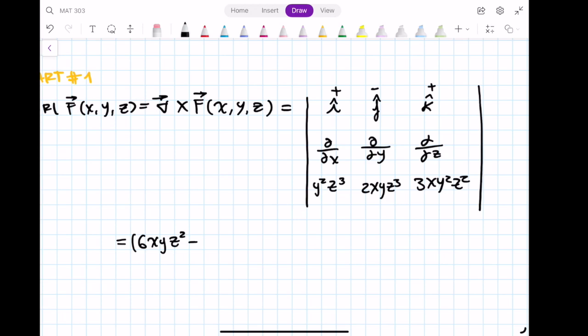So the first one, I got it from this and this. That will be our i hat, right?